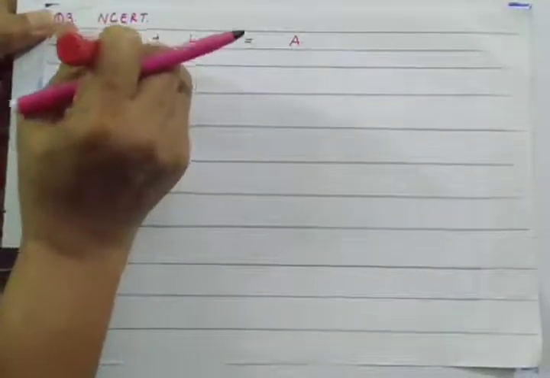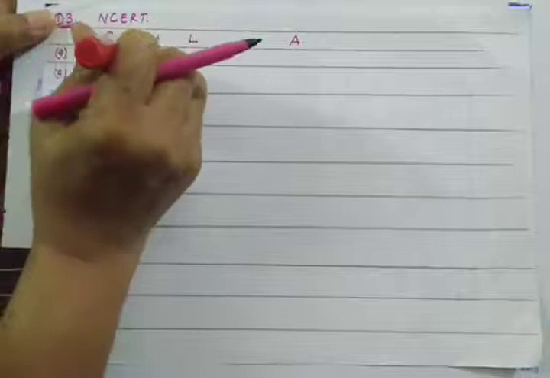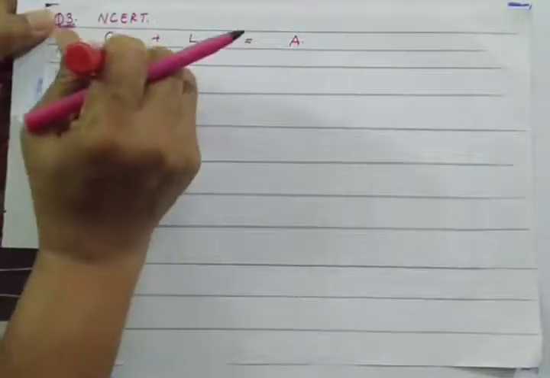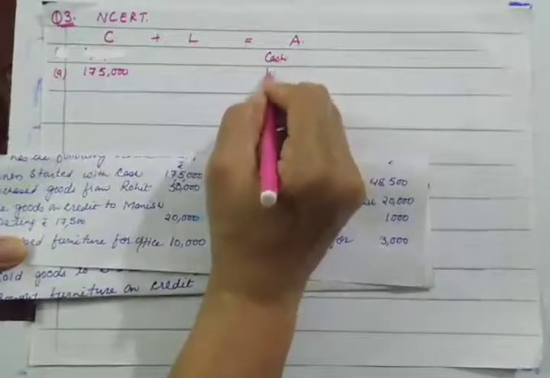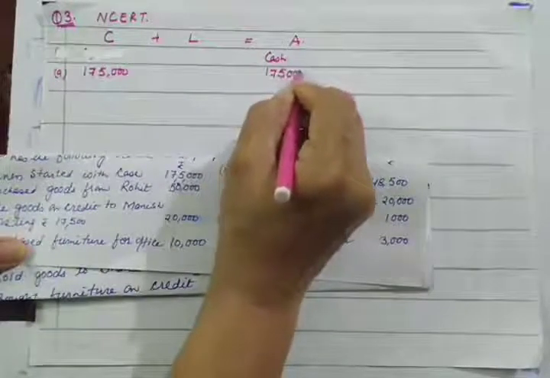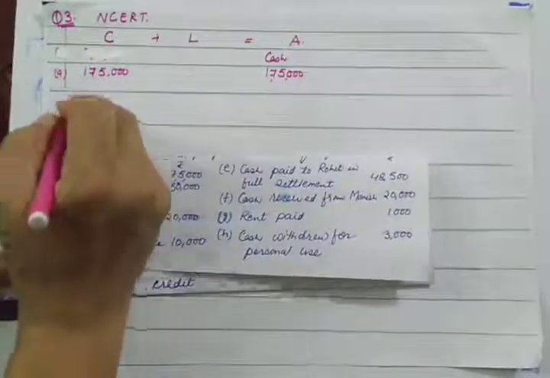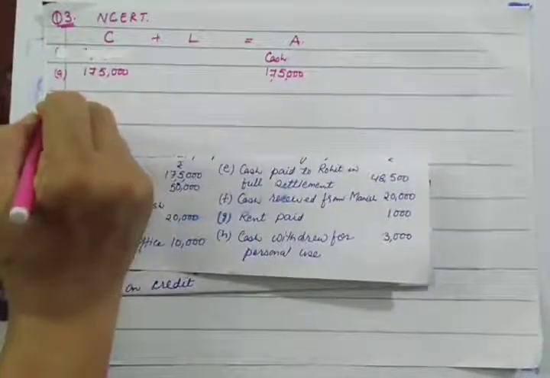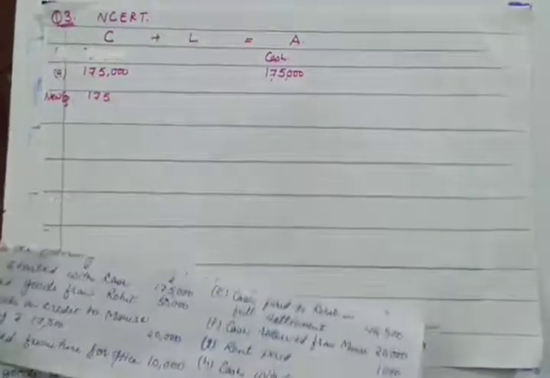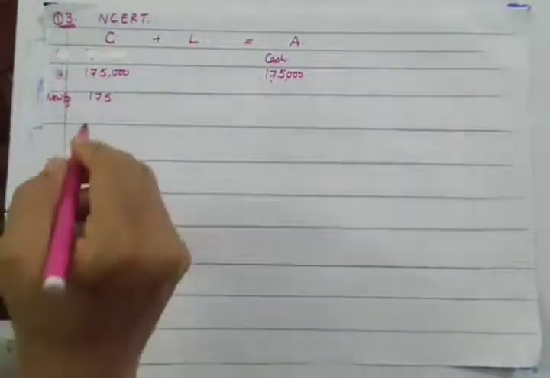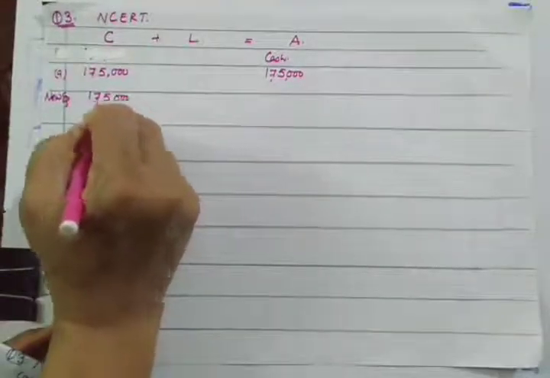So I am removing this. Now next is, here you will be writing cash 1,75,000. Now new equation will be same, 175. I hope you will be able to see this new equation. 1,75,000 is equal to 1,75,000.